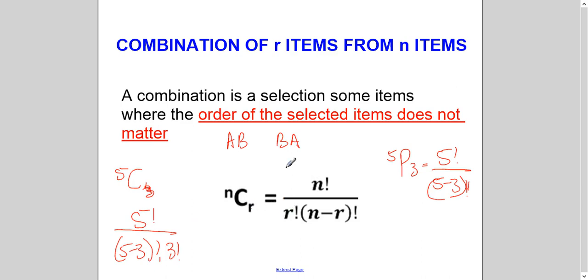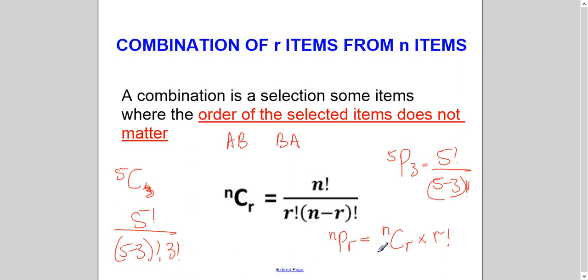Now, what happened, because we are not interested in the duplication of the selection we have already made, we cancel it out. So if I want to make a relationship between permutation and combination with the help of the formula, I can say nPr is equal to nCr times r factorial, right? This is very important. Multiple times it helps you to solve a question immediately if you remember this concept.